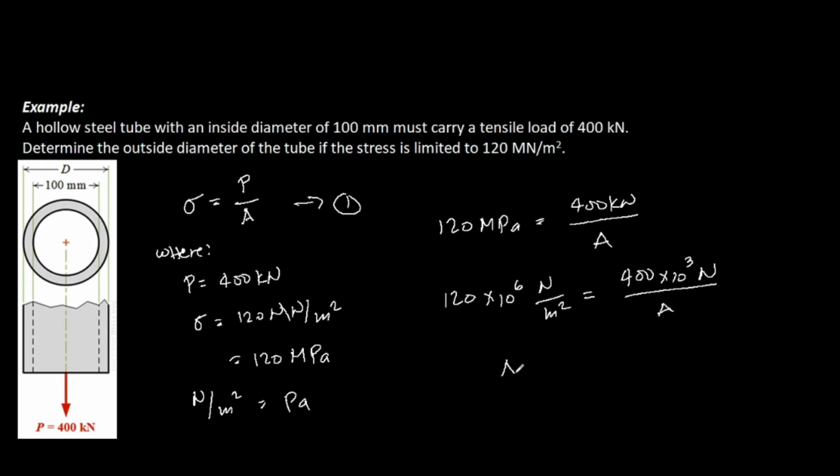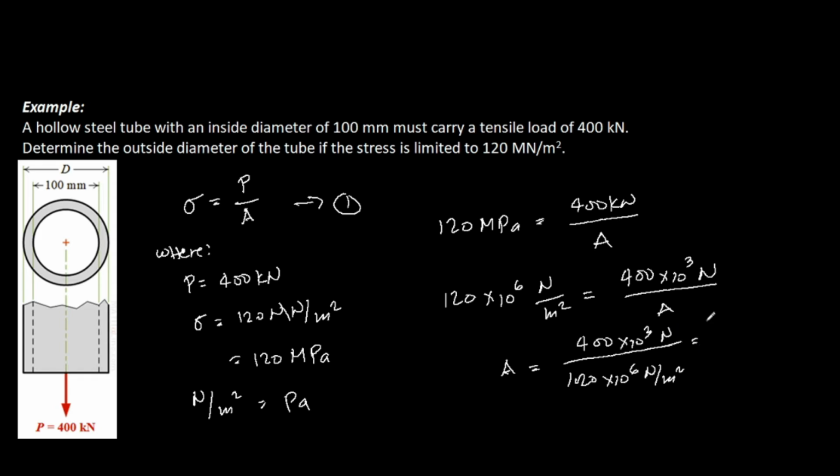Therefore, we get the area as 400 times 10 to the power 3 divided by 120 times 10 to the power 6, in meter squared.